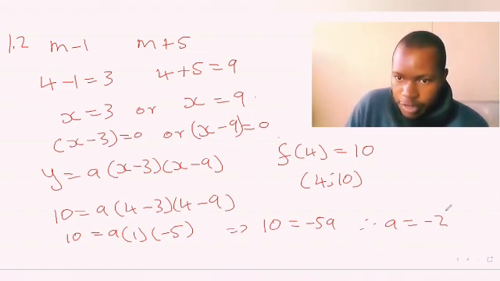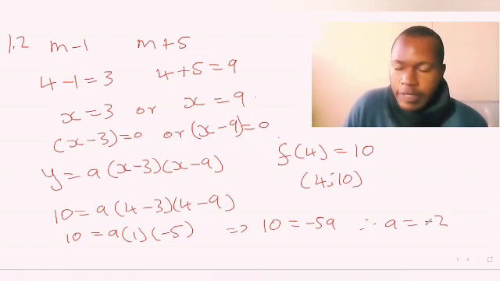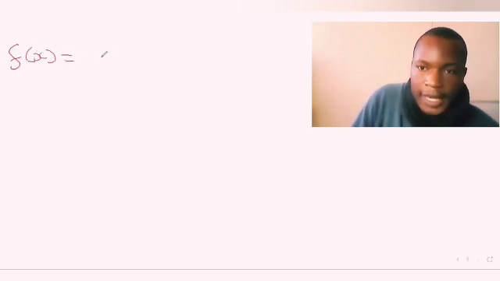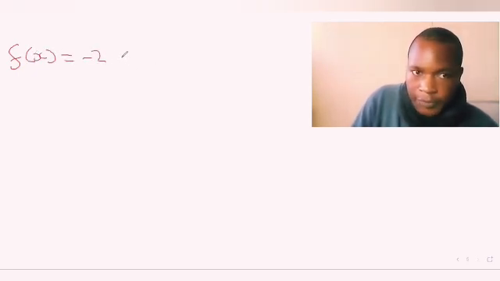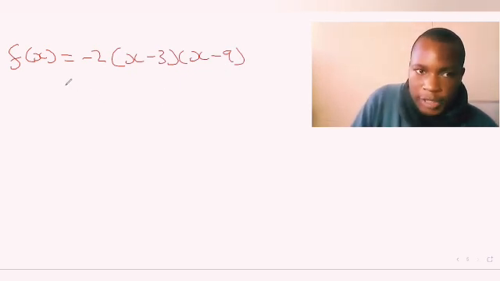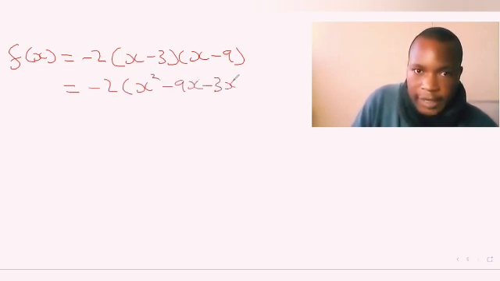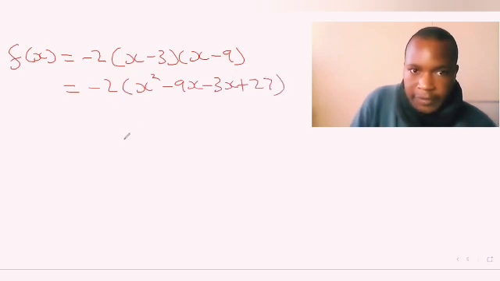Let's move on to the next page to finish off the question. Now we can have our equation. Let's write it as f of x equals a, which we found to be negative 2, times x minus 3, x minus 9. We can then multiply out. This would give us x squared minus 9x minus 3x plus 27.